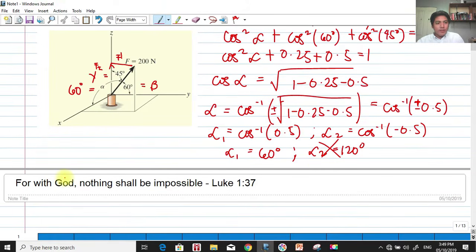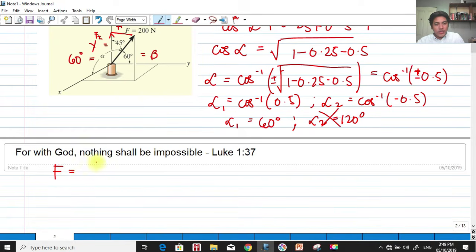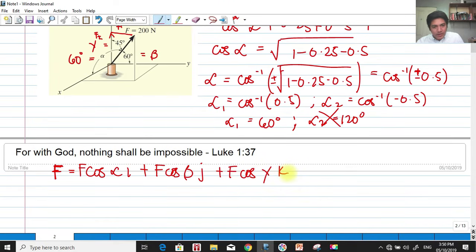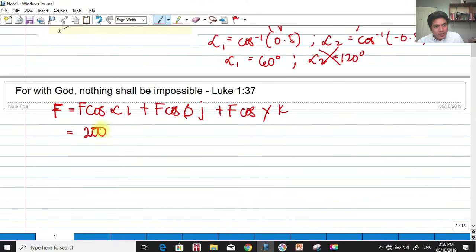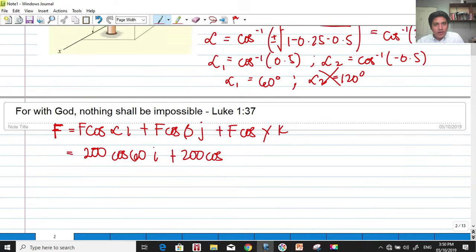So what is the point? The point is we can now get the Cartesian vector of this F. Of course, we have the formula: F is the magnitude of the vector, F cosine alpha I plus F cosine beta J plus F cosine gamma K. That is the Cartesian vector, and our magnitude for our force is 200 cosine 60 I plus 200 cosine, what is our beta?